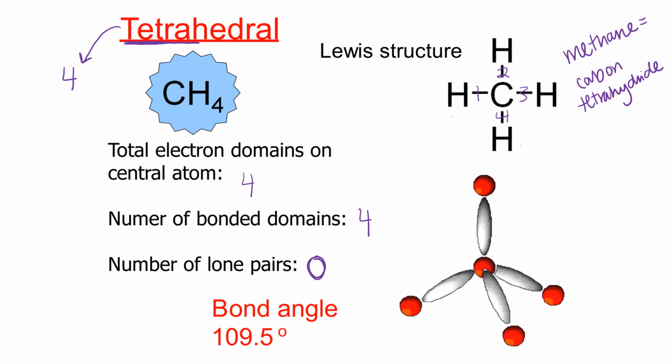You may think, if we were thinking about a circle, that in the previous example where we were looking at the trigonal planar, we could take that 360 degrees and divide it by 3, which is how we ended up with the bond angle of 120. But we have to remember that these structures are 3-dimensional.